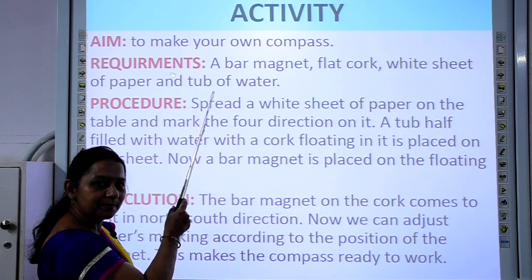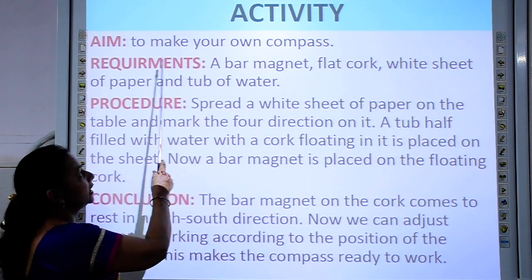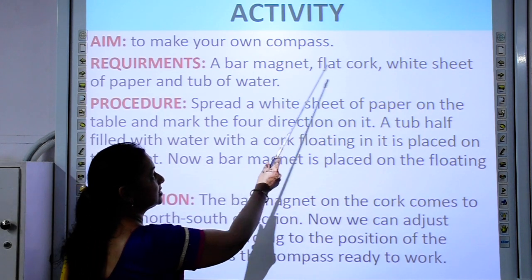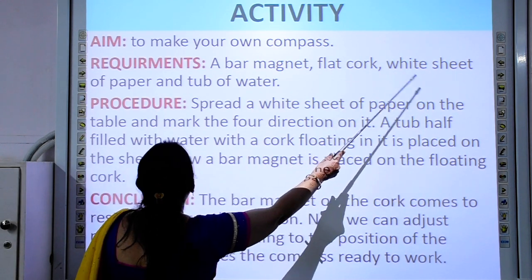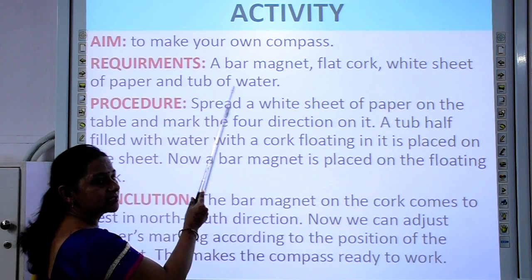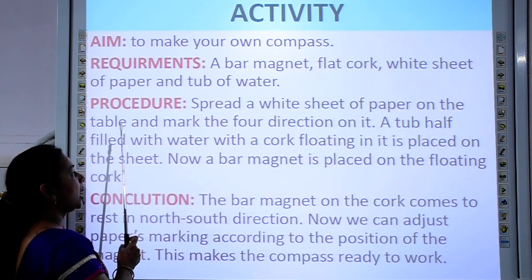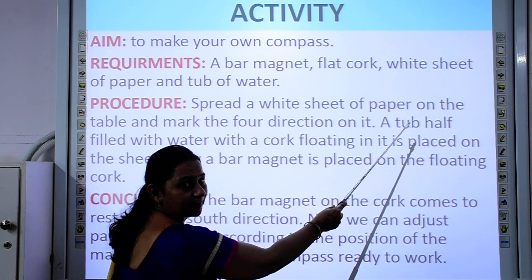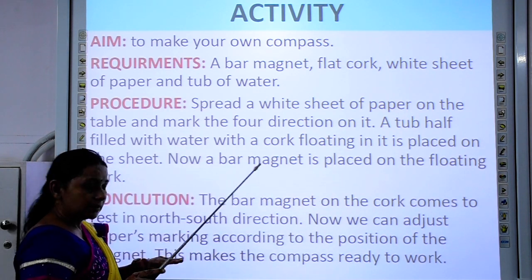Again we have a simple interesting activity to make your own compass. For this we require a bar magnet, flat cork, white sheet of paper and a tub of water. How are we going to do this? First we take a white sheet of paper and spread it on the table.